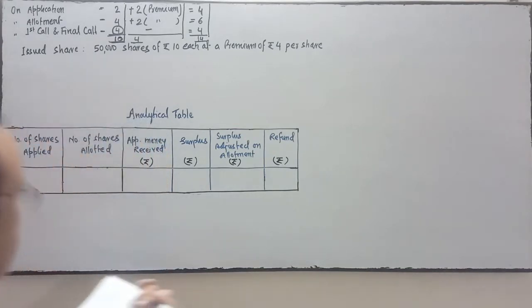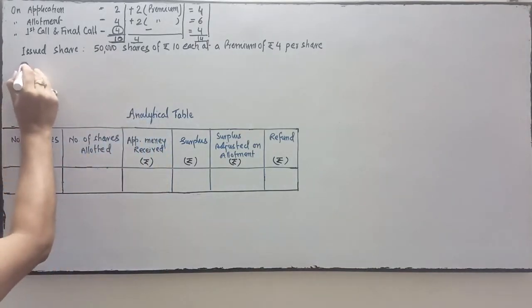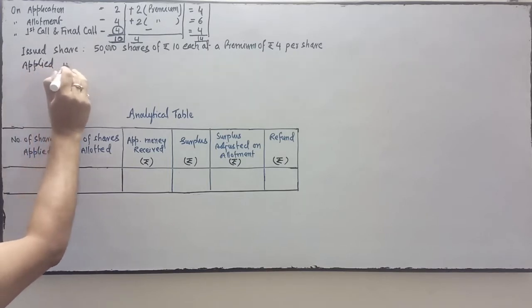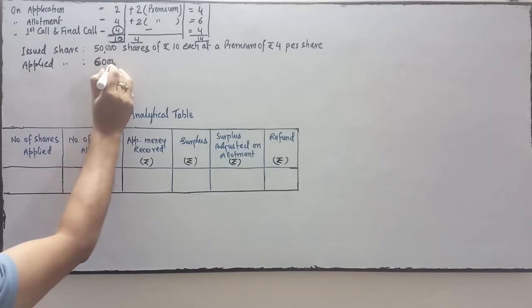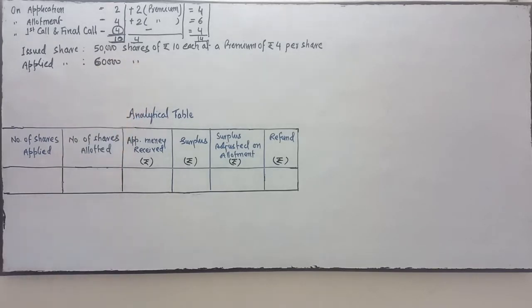Application for 60,000 were received. So applied shares by the public is 60,000 shares. They have applied for 60,000 shares.